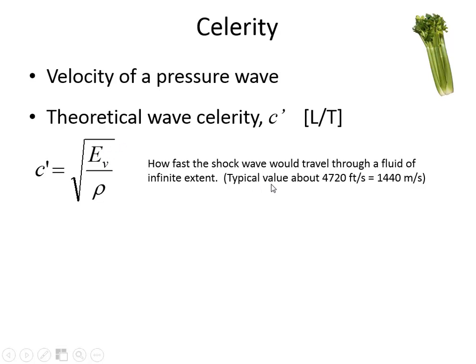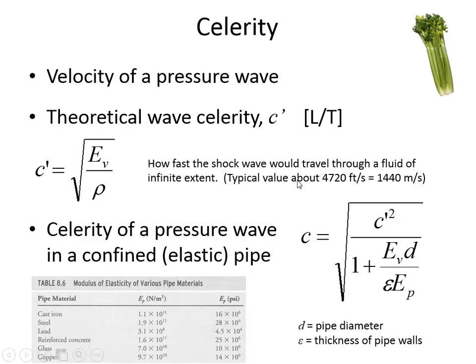We have a typical speed of about 1440 meters per second for the theoretical celerity. And then there is the celerity of a pressure wave going through a pipe. When it's flowing through a pipe, you have to take into account the diameter of the pipe, the material of the pipe itself, the thickness of the pipe walls, and so on.